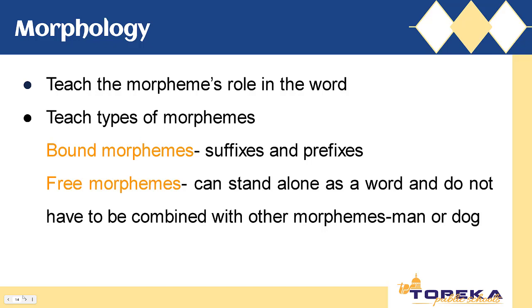So for example, if we take the word irregardless, regard is our base word. It can be a standalone morpheme. And we can add ir to the beginning and less to the end and make the word irregardless. Each one of those three morphemes absolutely impacts the meaning, definition, and usage of that word.